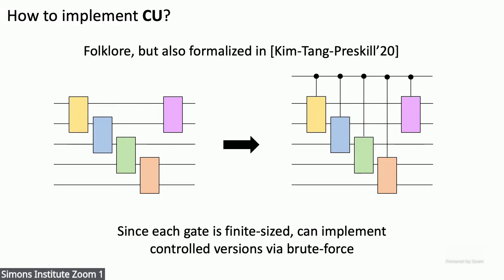Maybe they didn't come from the gate set that I was building my original circuit from, but because each gate is a finite-sized object, I can implement this gate basically by brute force, Solovay-Kitaev kind of stuff, and I can implement these control gates with whatever universal gate set I want.